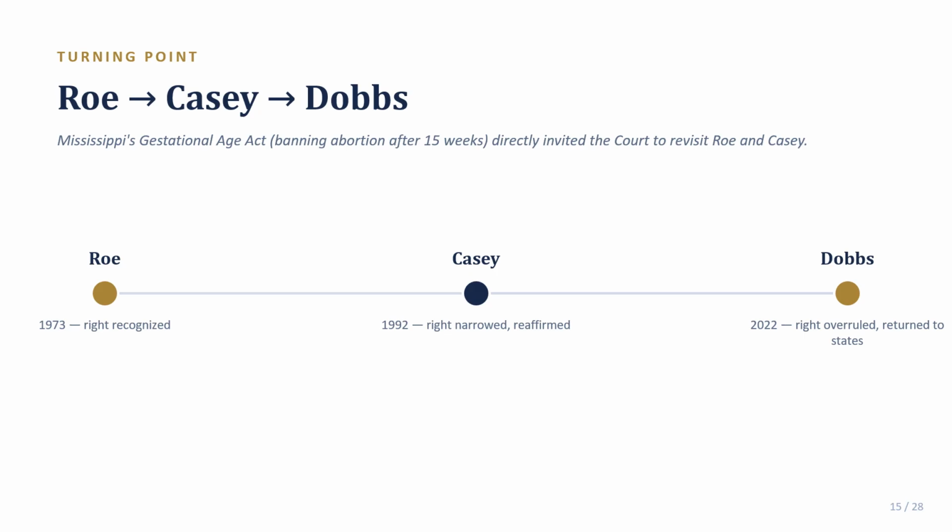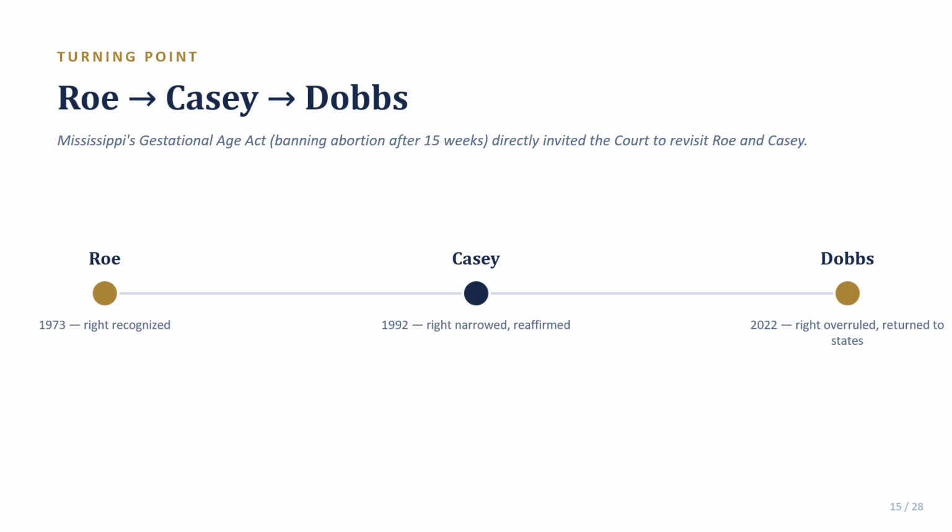Now, based on everything that we've talked about when it comes to stare decisis and Casey, okay, what do you think the Dobbs majority would have needed to say, doctrinally speaking, in order to justify overruling a precedent that had itself been explicitly reaffirmed on stare decisis grounds just 30 years earlier?